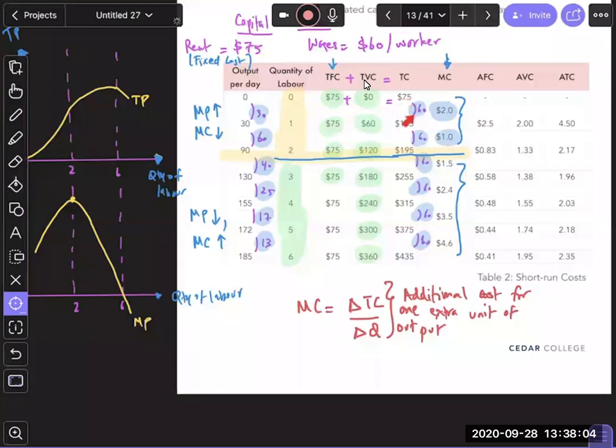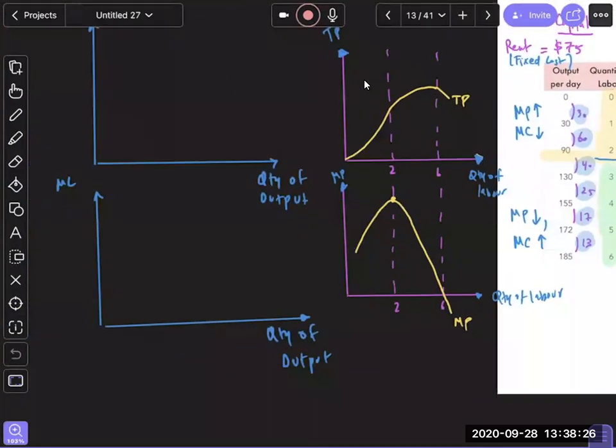Per unit cost is 60 divided by 30, and then 60 divided by 60. Each additional worker is bringing a different amount. So marginal cost isn't linearly changing. It's a non-linear relationship. In fact, marginal cost is falling and then increasing. Make sense?